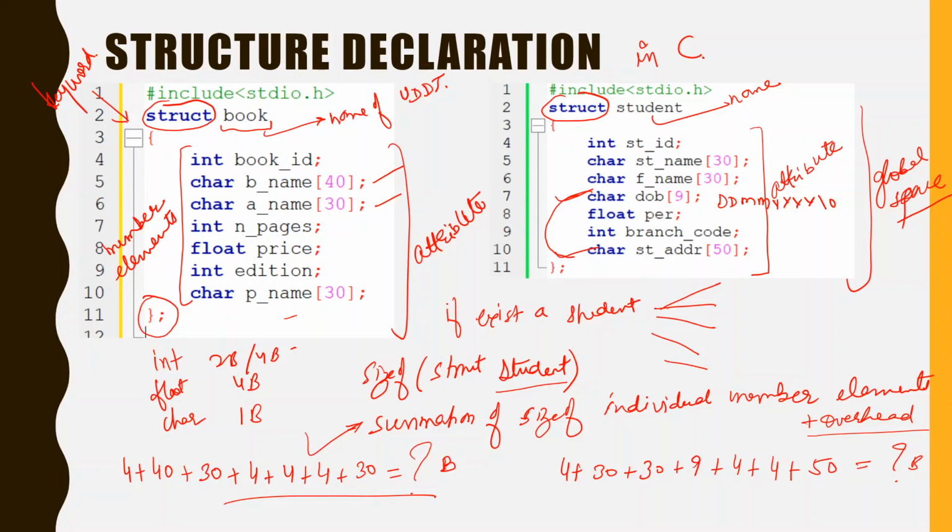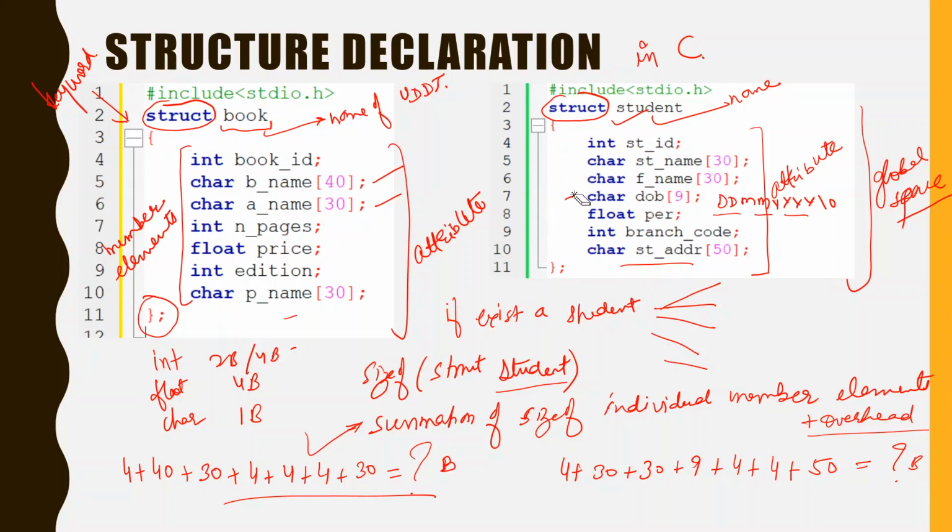Because the date of birth itself has the DD, MM, this is date, month, and year inside this, and the address can also have components like house number, street address, and it can have the city, state, pin code, etc. So the member variables of a complex data type are themselves complex.